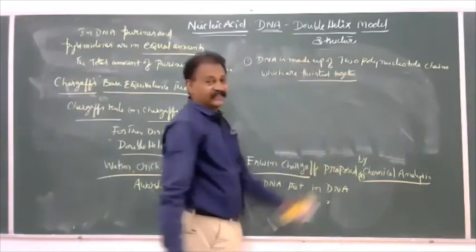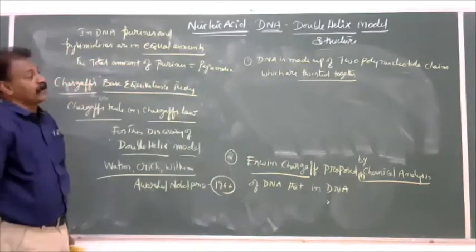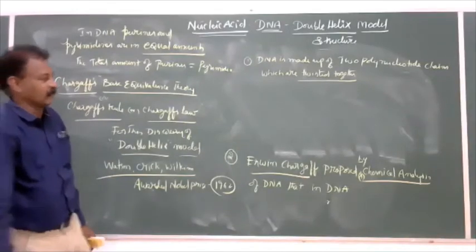The other concepts we will see, parallel, anti-parallel, all these things. DNA is made up of two polynucleotide chains which are twisted together.